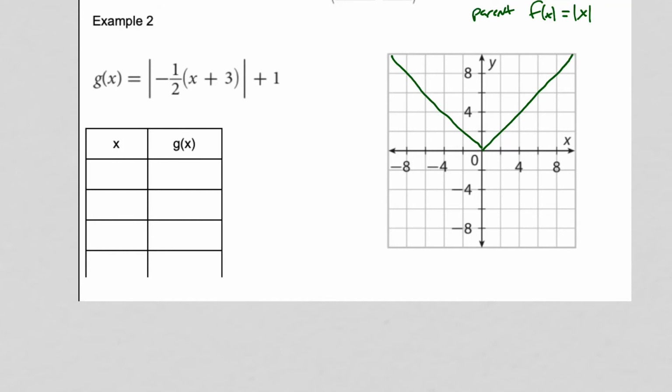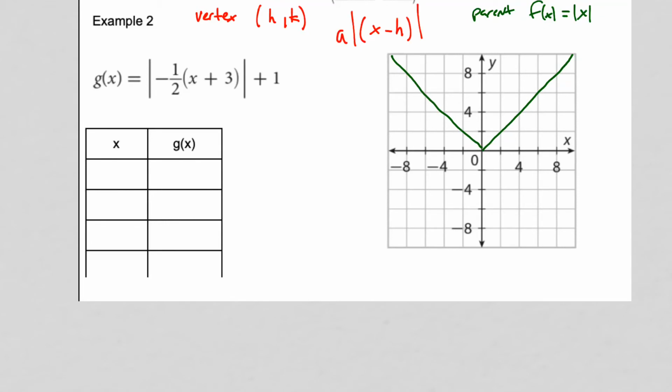Now, in the last section we saw some information about the vertex. The vertex we knew to be (h, k) when the formula looked something like this: a times the absolute value of x minus h, and then plus k.